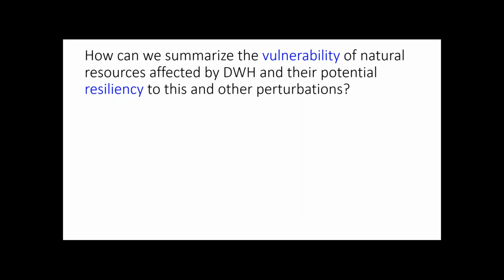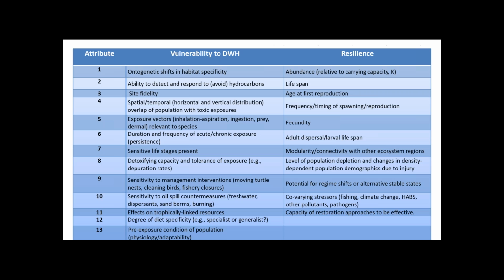So one of the last things I wanted to talk about was this. One of the things that we were able to do is to actually come up with a new set of analyses that we call the vulnerability resilience analysis. And that is, are there ways that we can actually classify all the different species into classifying animals that might be more vulnerable to the particulars of Deepwater Horizon and what their level of resilience might be.